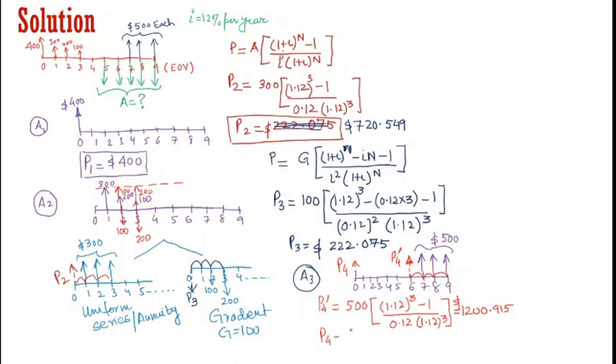The value of P4 will be equal to P4 dash upon 1 plus i to the power n, so 1200.915 over 1.12 to the power n, where n is 1, 2, 3, 4, 5, 6, so n is 6. This comes out to be 608.421.